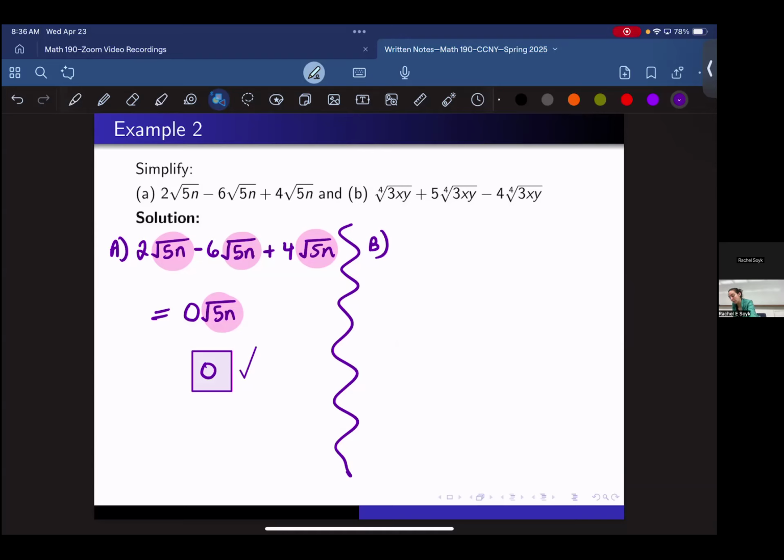Look at part B. We have the fourth root of 3xy plus 5 times the fourth root of 3xy minus 4 times the fourth root of 3xy. So what's our variable here?